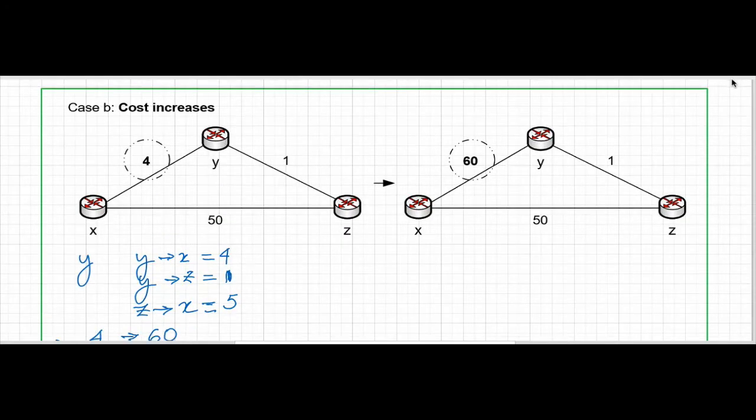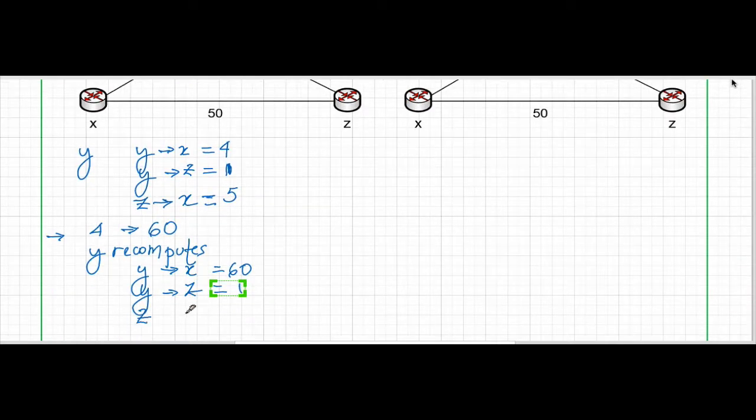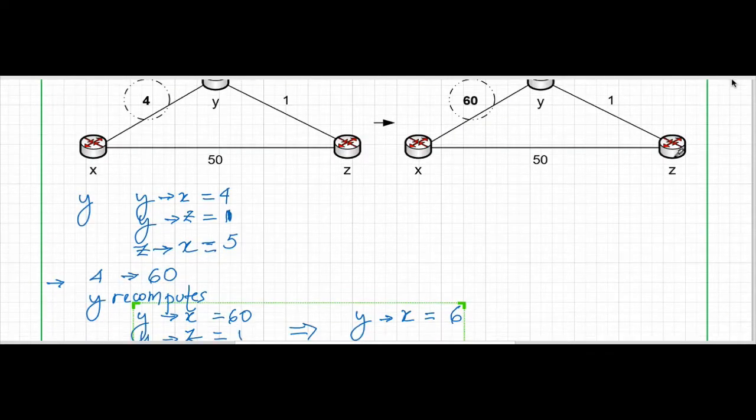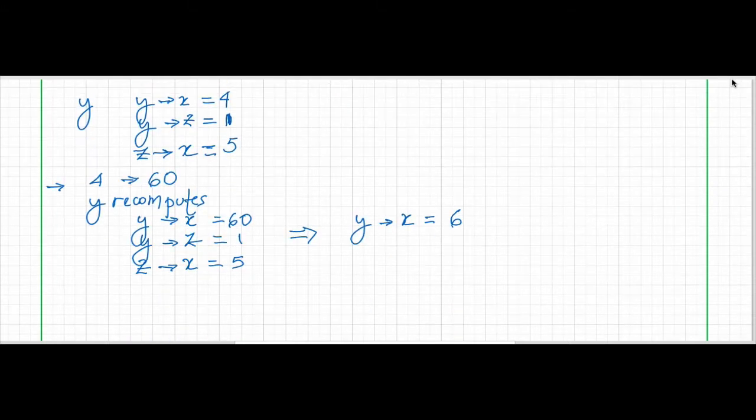But Z just told me that it can reach X at a cost of 5. So with this information, Y believes that it can reach X through Z at a cost of 6, and of course Y knows that it can reach Z at a cost of 1.